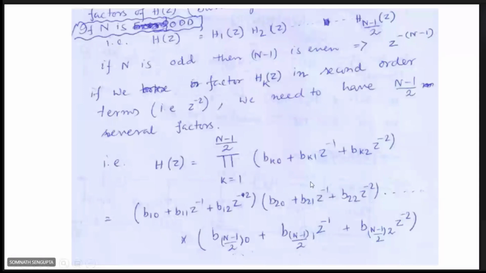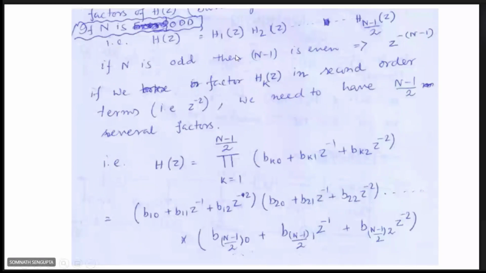So 2 will cancel, and you get the maximum order of z to be z to the power minus (n minus 1). Your factorization should be such that when you multiply all the factors, it gives you the exact expression. This is for n odd.